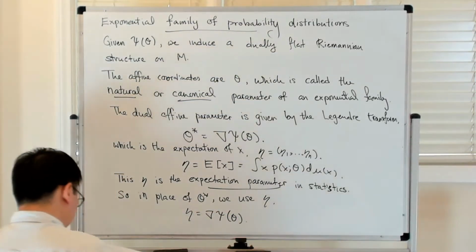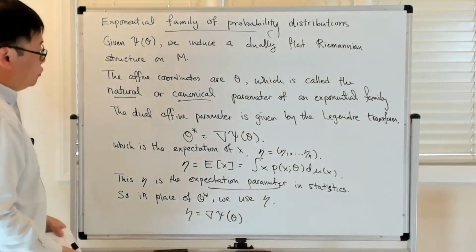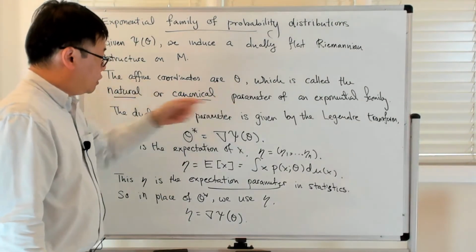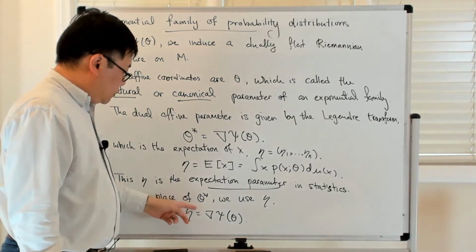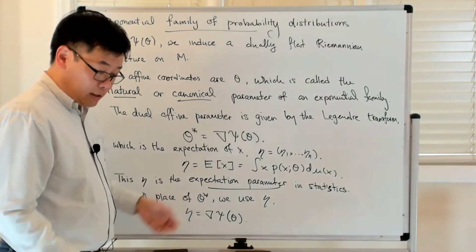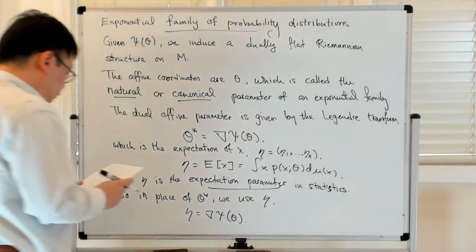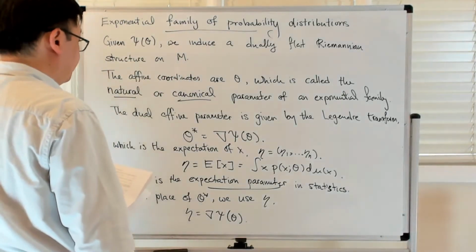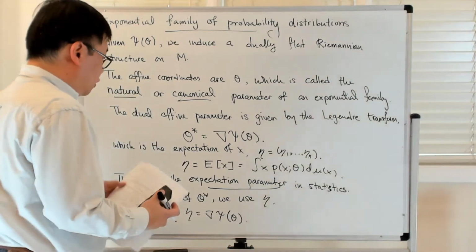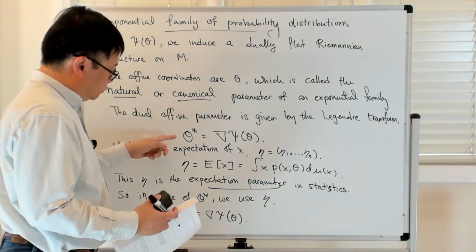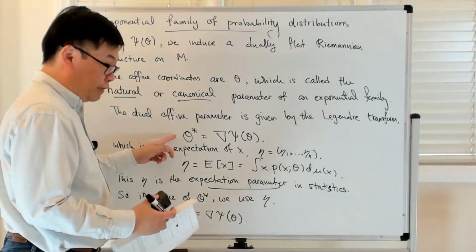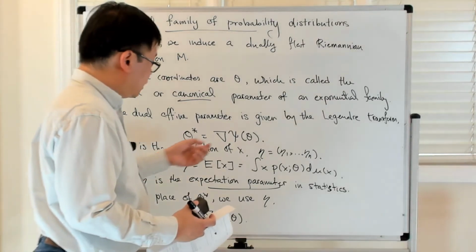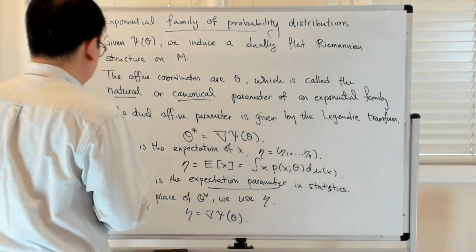Now you have two coordinates: theta, the natural canonical parameters, and the expectation parameter, which is the dual coordinate system. And as before, if you want to get from eta back to theta, that's given by the Legendre transform of the dual of the original convex function, the convex dual.